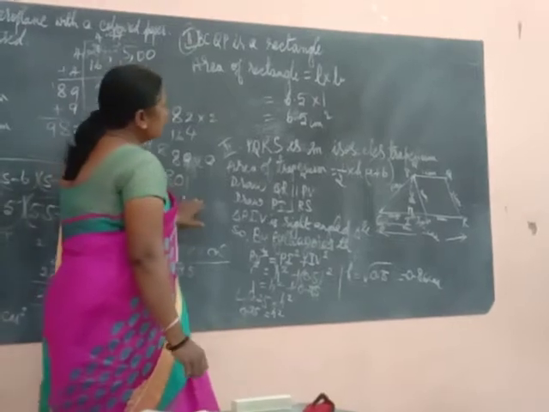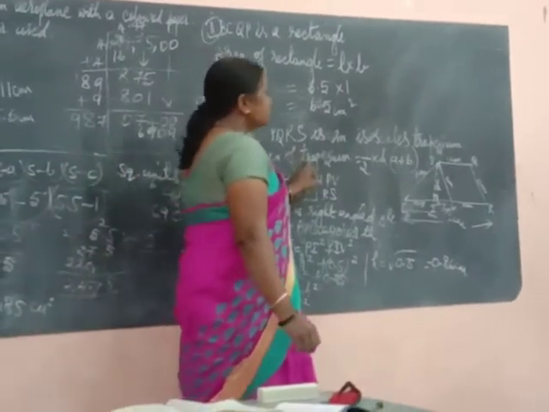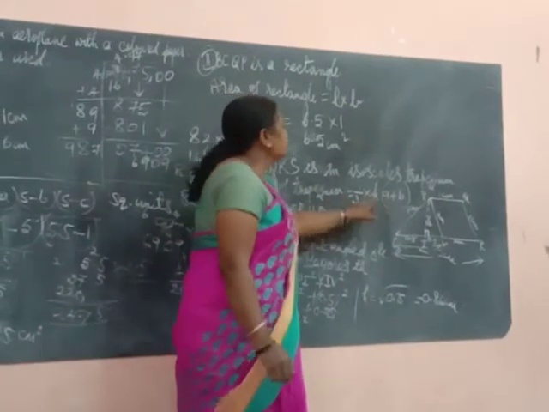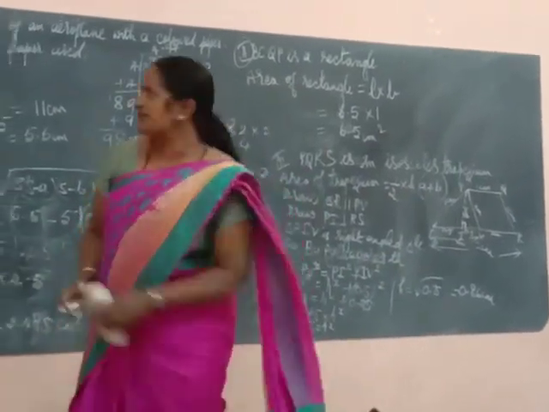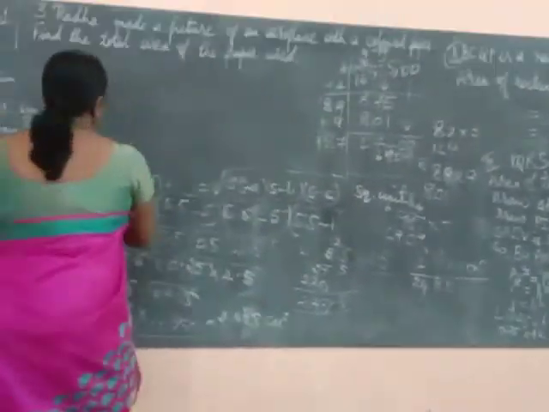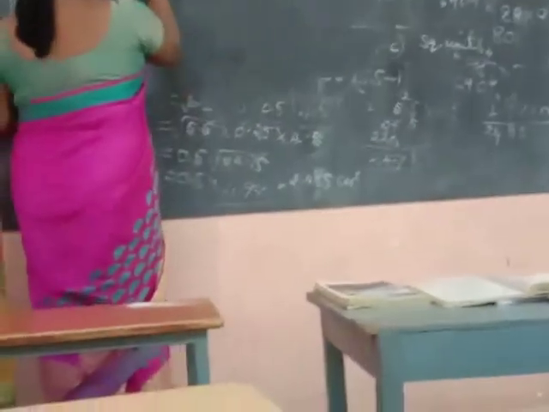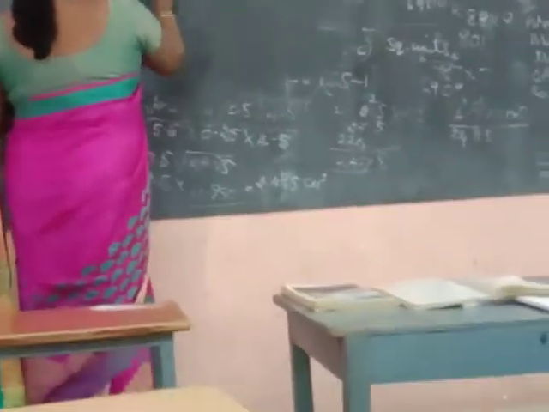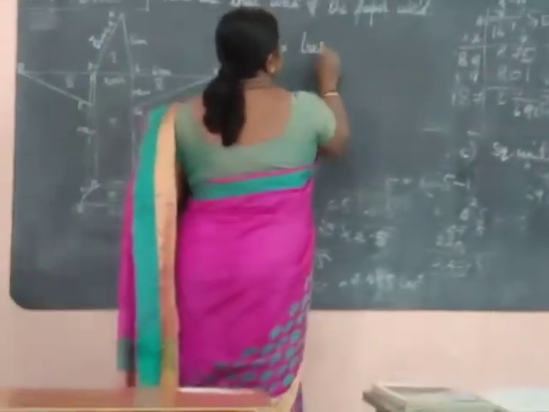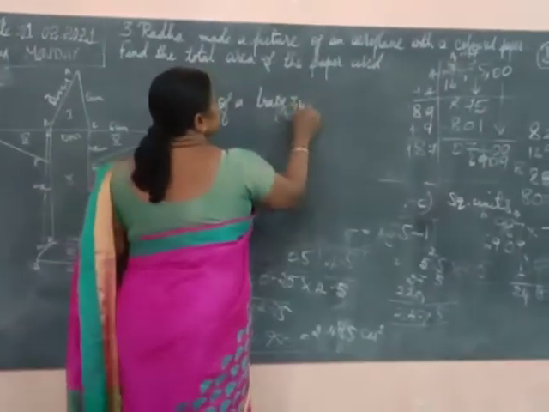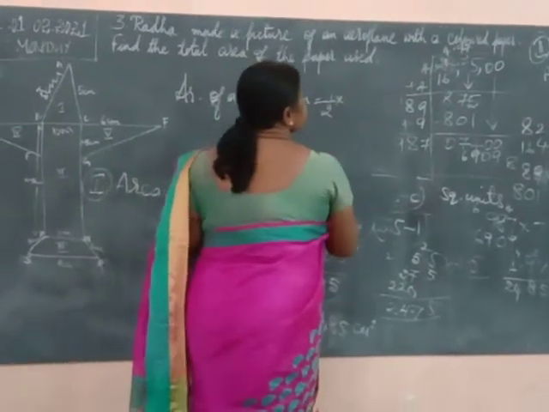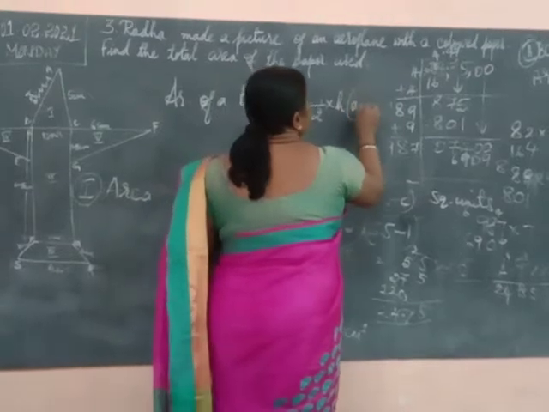Now let us apply the area of the trapezium, half into h into a plus b.